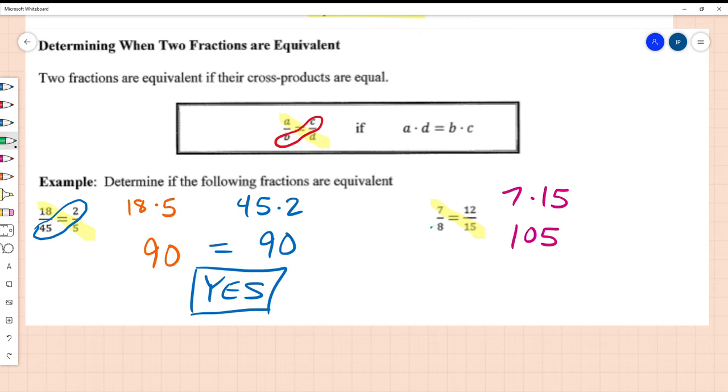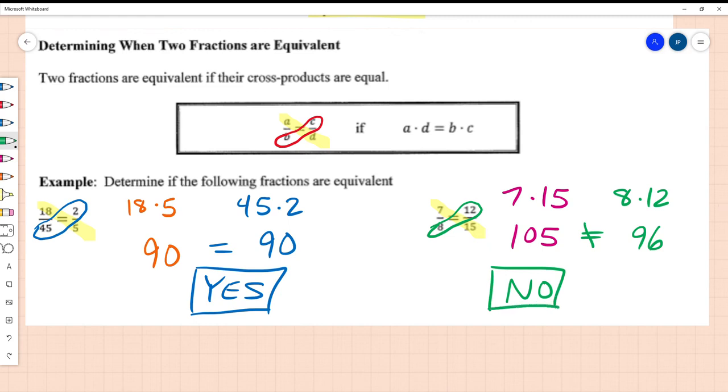And then this denominator down here and this numerator up here, 8 times 12, ends up giving us 96. So because these are not equal, they're not the same value, these are not equivalent fractions. So 7/8 is not the same value as 12 over 15.